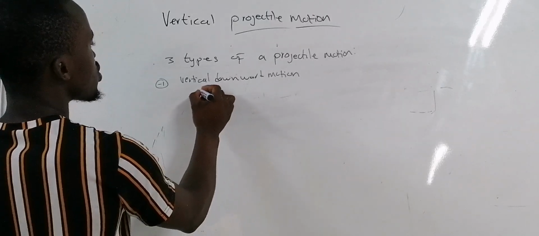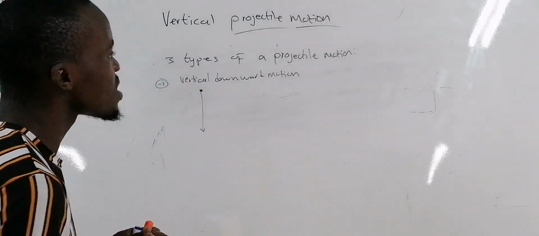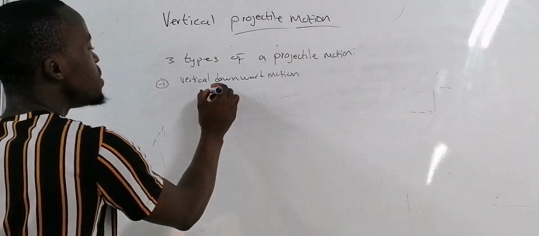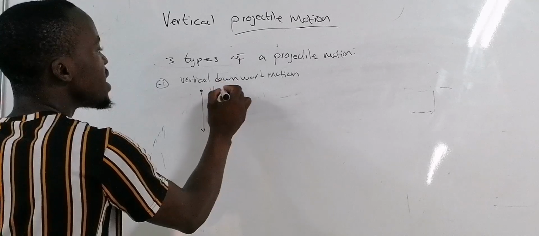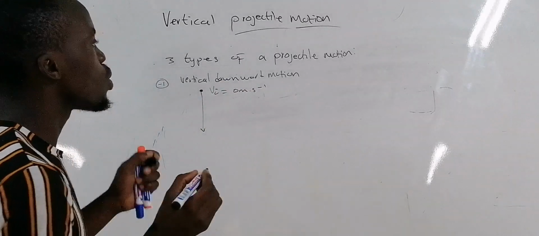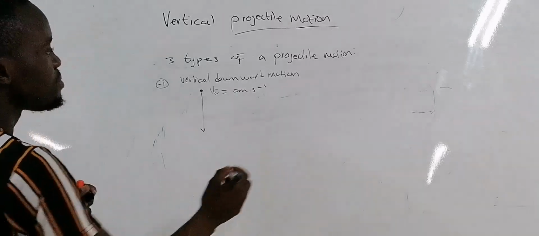If you hear or see on the exam that the object is dropped, it means that the V initial is 0 meters per second, but we're going to talk about it in more detail.